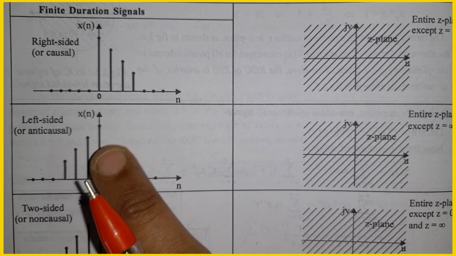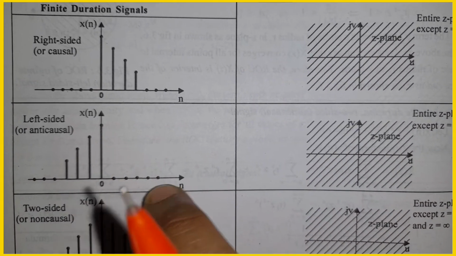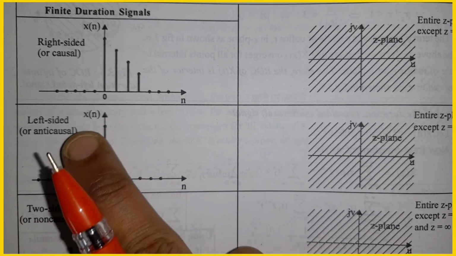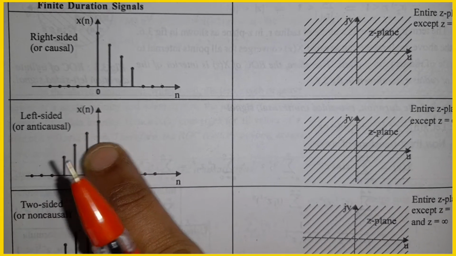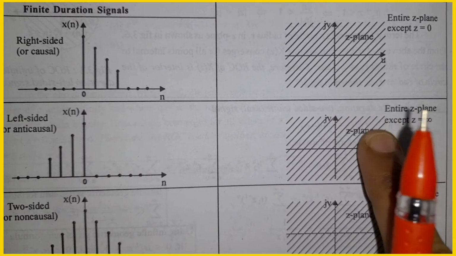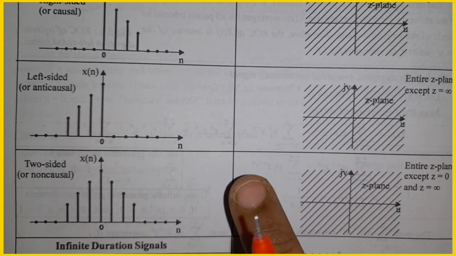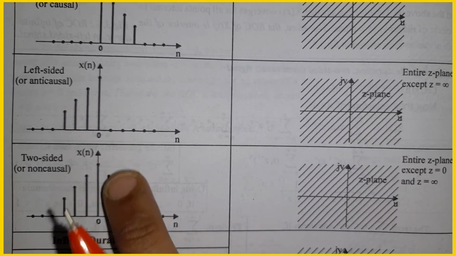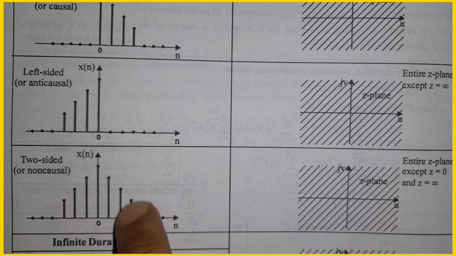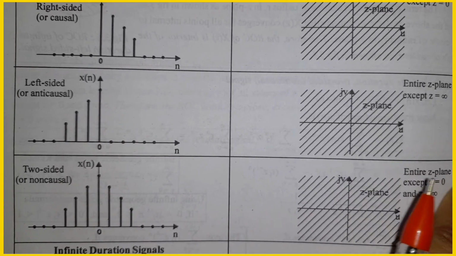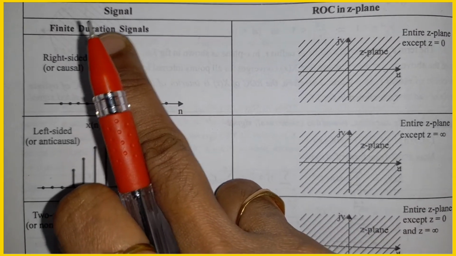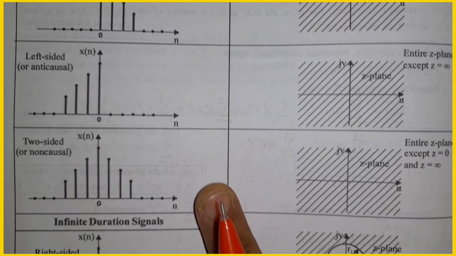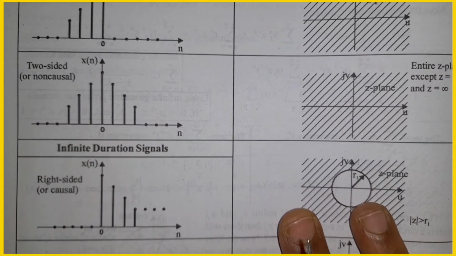If the signal is present only on the right side, Z equal to 0, and if the signal is present on the left side, it is called anti-causal. So in the Z plane Z must be infinite, and two-sided is called non-causal. So from this non-causal it will have both Z equal to 0 and Z equal to infinity.